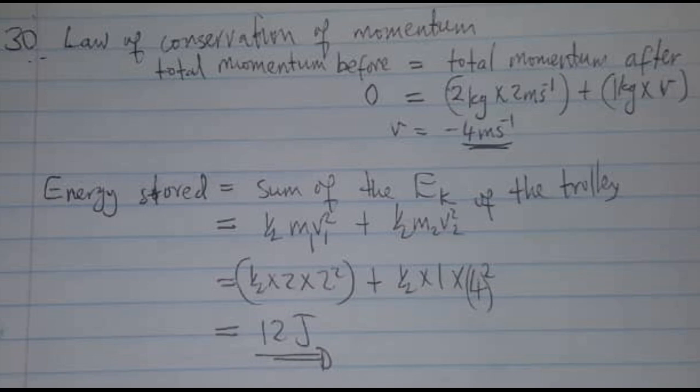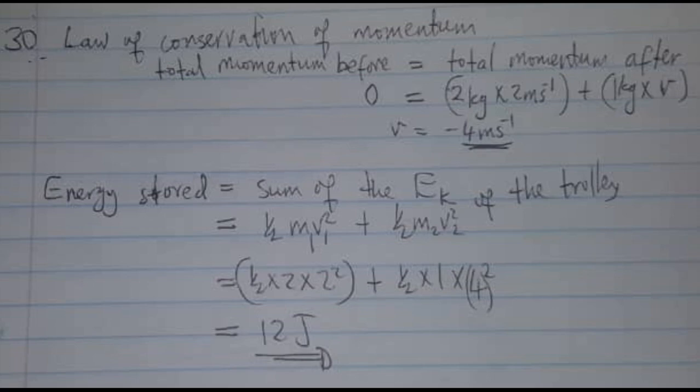It's 0 because initially they were stationary, and then when they are released, total momentum is equal to 2 times 2 for the first one, and then 1 kg times v for the second one. So v comes to be minus 4 meters per second.